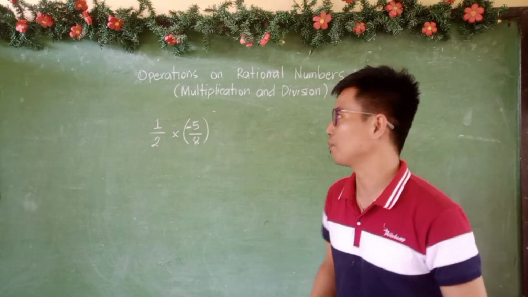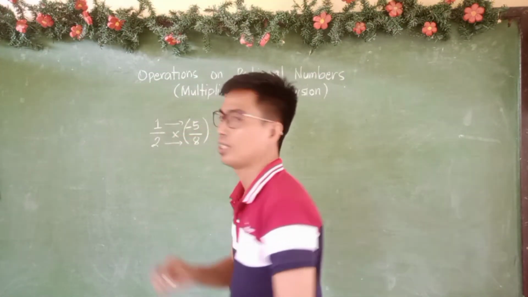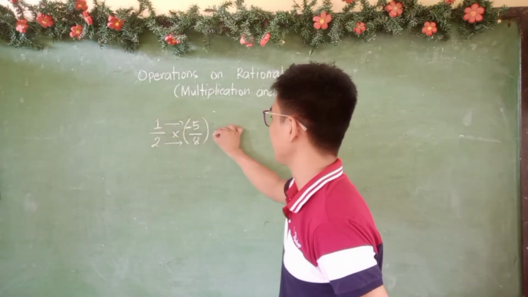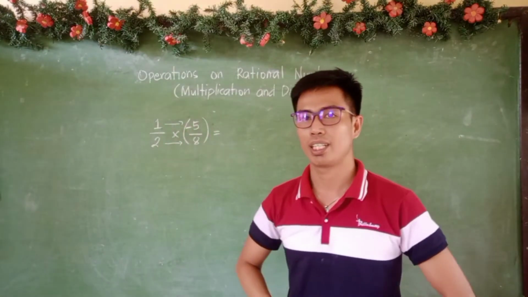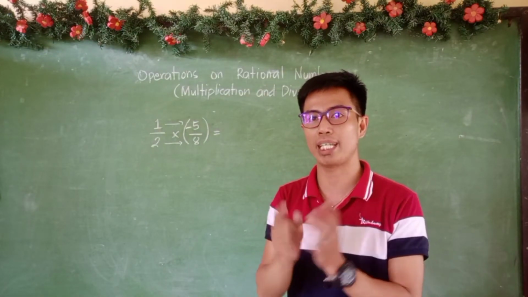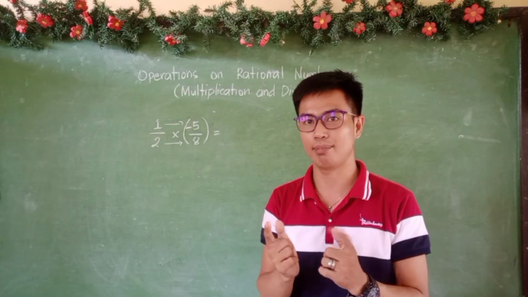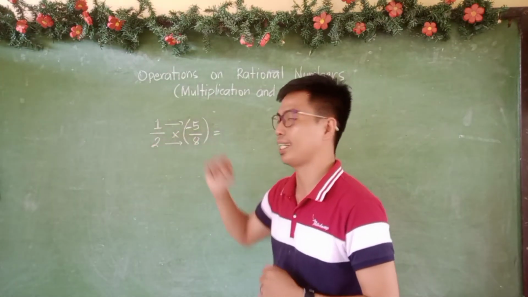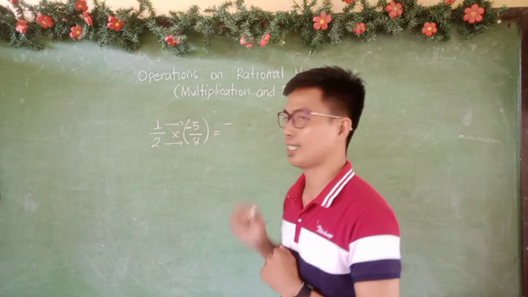So for this given, we have the numerators 1 and negative 5 and the denominators 2 and 8. So multiplying, we have 1 times negative 5. Remember the rules in multiplying integers. So if you're going to multiply different sign integers, the result will be negative. So since positive 1 and negative 5, that means the result will be negative.